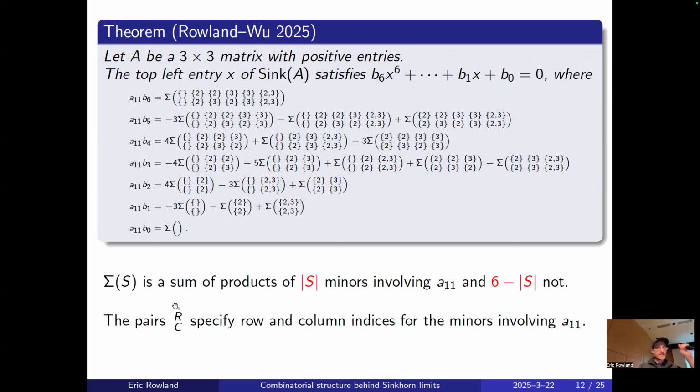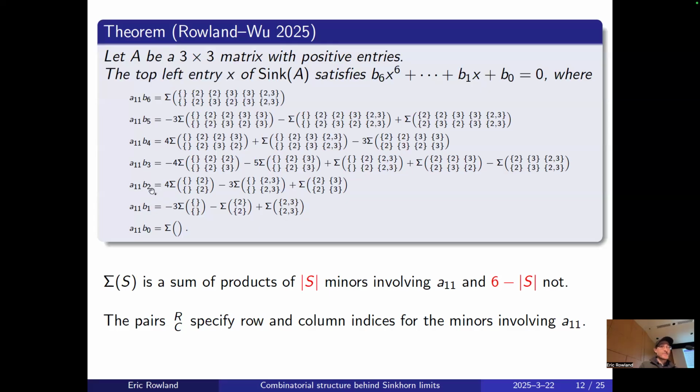Each of these pairs R, C is a set of row specifications and column specifications. And in the Bk coefficient, each of these has k row and column specifications. So each of these specifies a minor. You can think of this as extracting 0 rows and 0 columns. This is extracting 2 rows and columns, rows 2 and 3, columns 2 and 3.